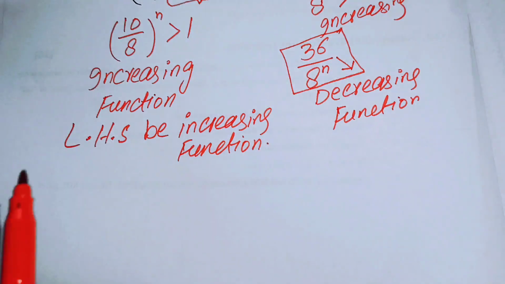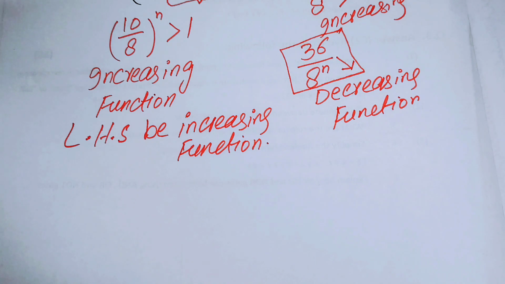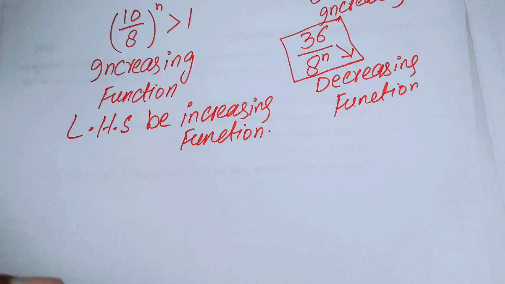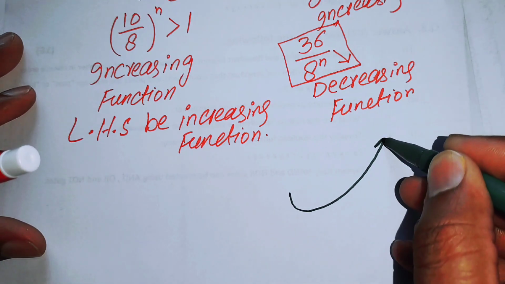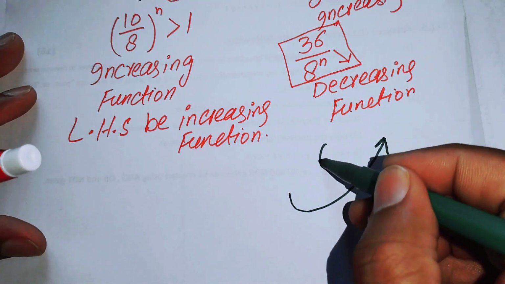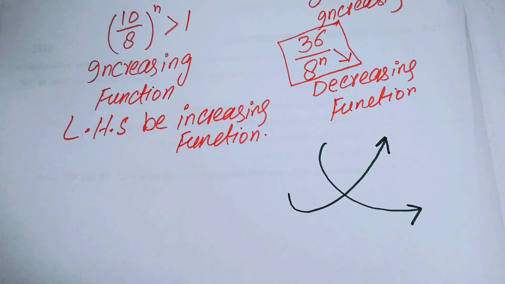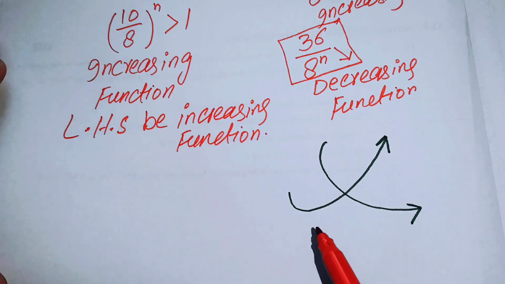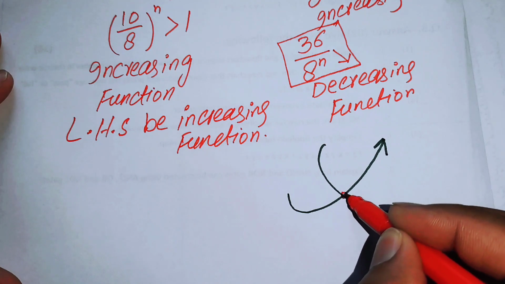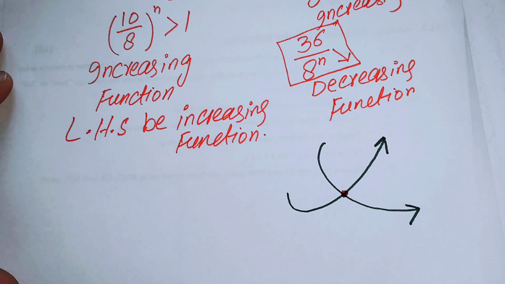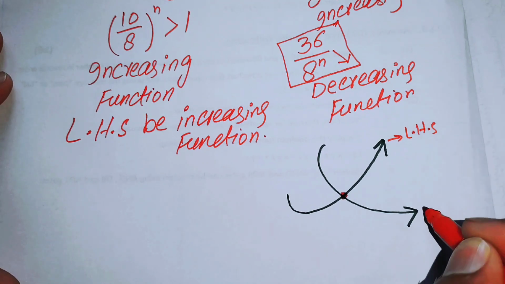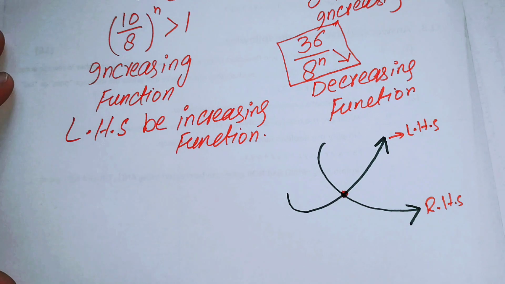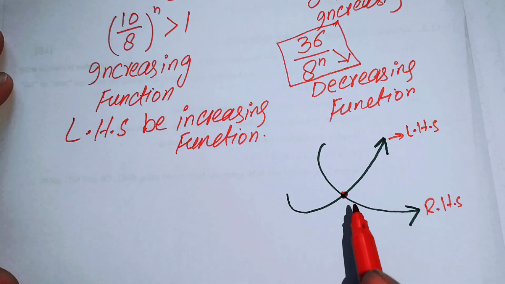When I draw the graphs of an increasing and a decreasing function, this is some kind of increasing function and this is some kind of decreasing function, and they intersect at only one point, this point.